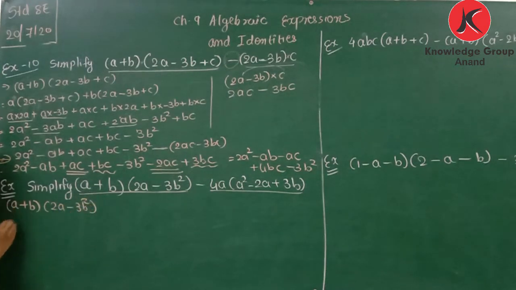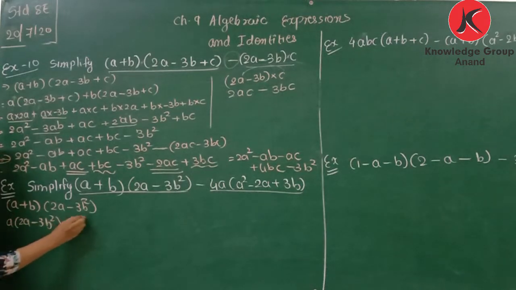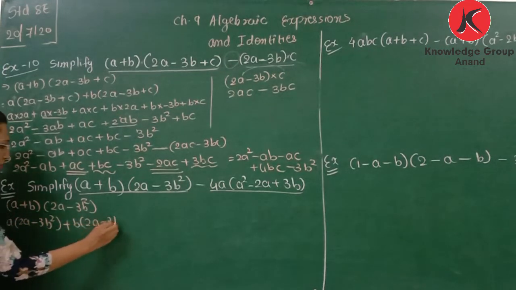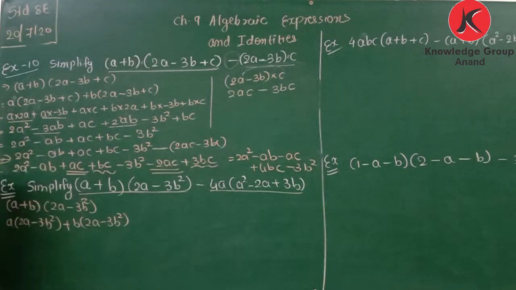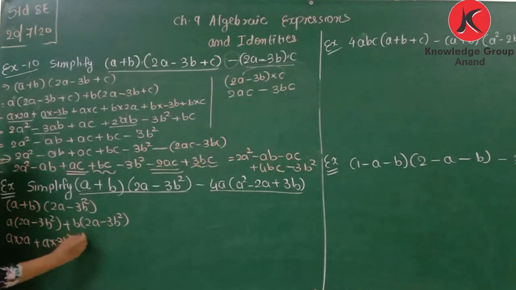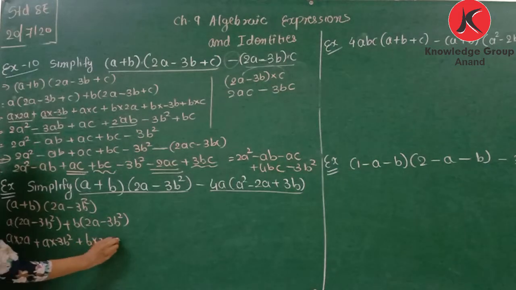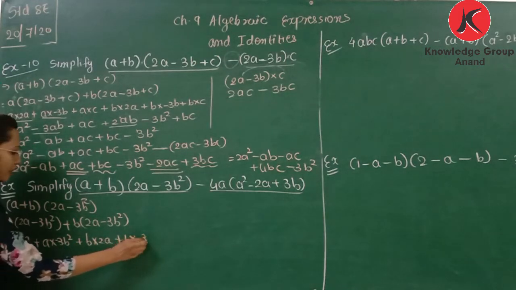So here a is multiplied with 2a minus 3b square plus b is multiplied with 2a minus 3b square. Now here a is multiplied with 2a and a is multiplied with minus 3b square. Here b is multiplied with 2a and b is multiplied with minus 3b square.